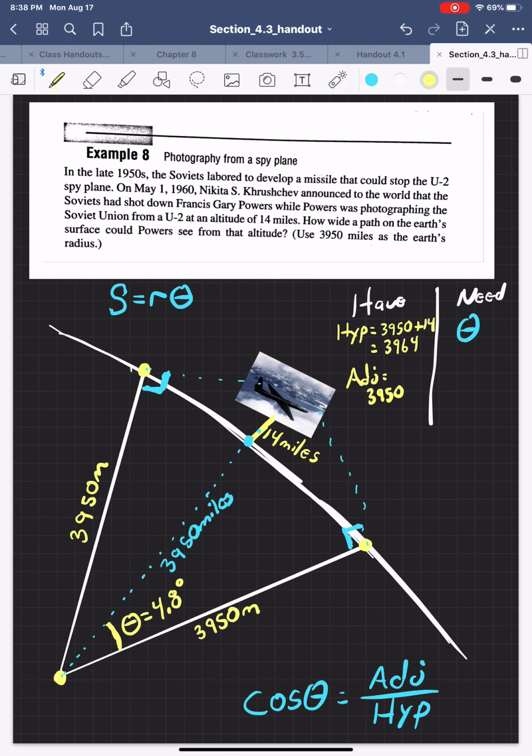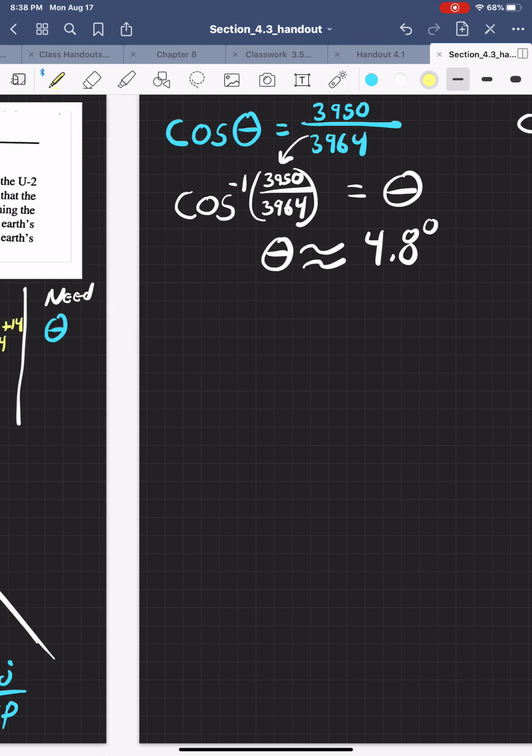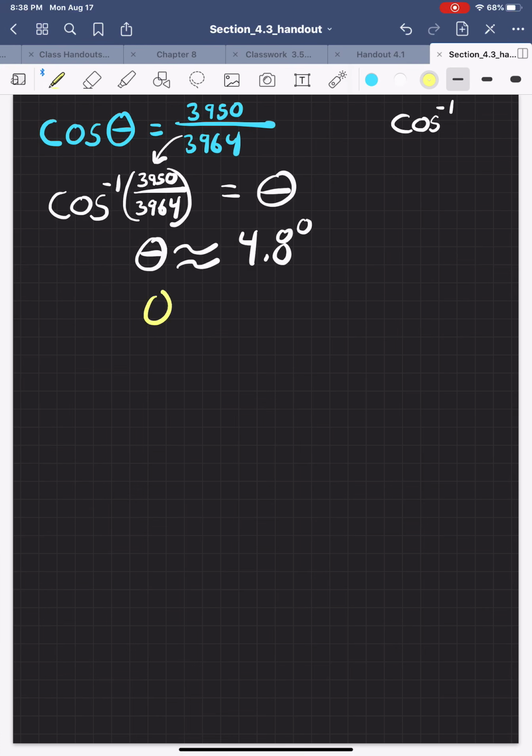But didn't we say that our spy plane can take pictures both forward and backwards, right? So you would have another angle of 4.8 degrees over here. So I'm going to add those two angles together, so really your theta is going to be 9.6 degrees.